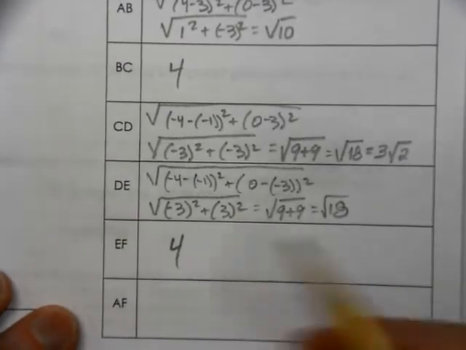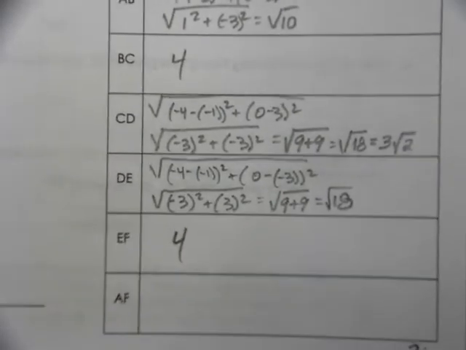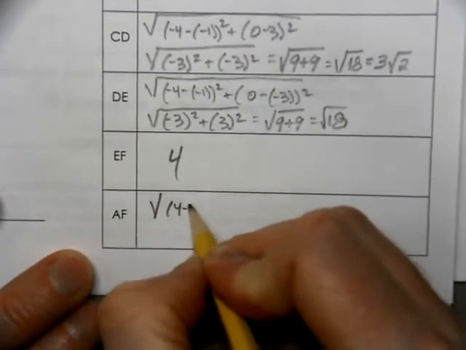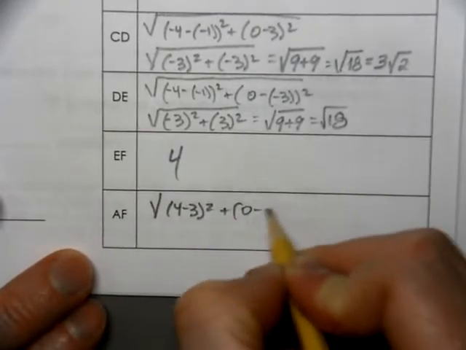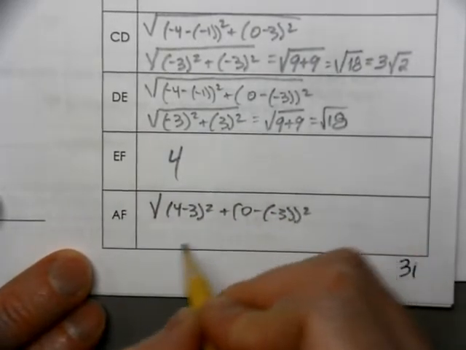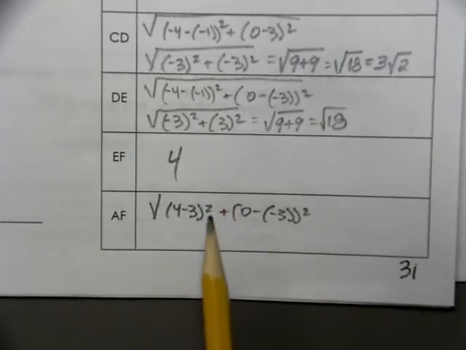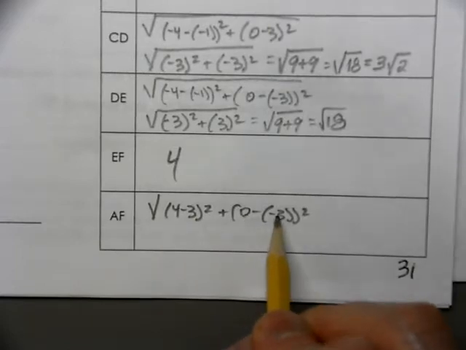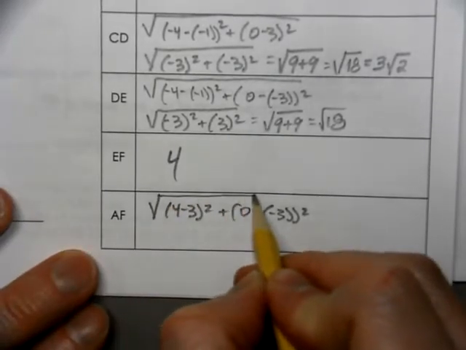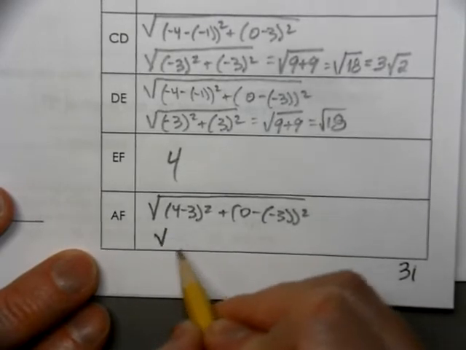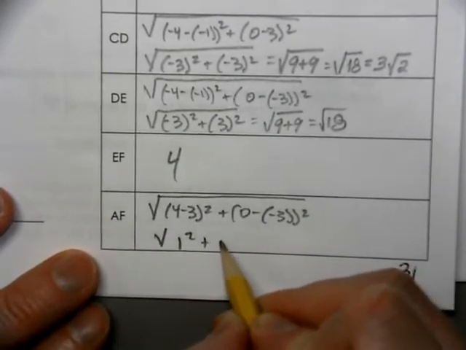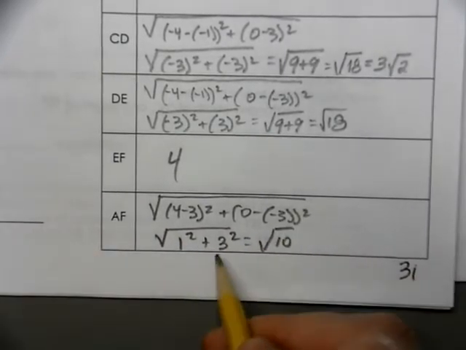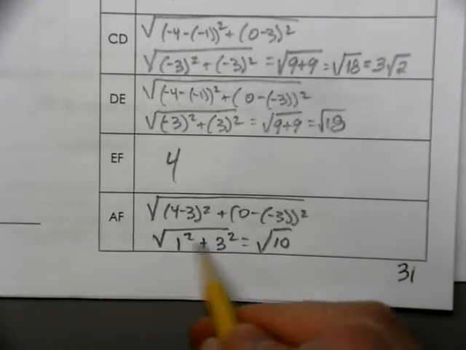FE is horizontal, so that's 4. Then we have 4 minus 3 squared plus 0 minus a negative 3 squared. We're getting our numbers from the coordinates. x2 minus x1, y2 minus y1. Nine plus 1 is 10.